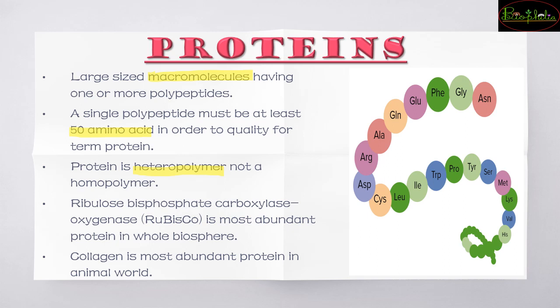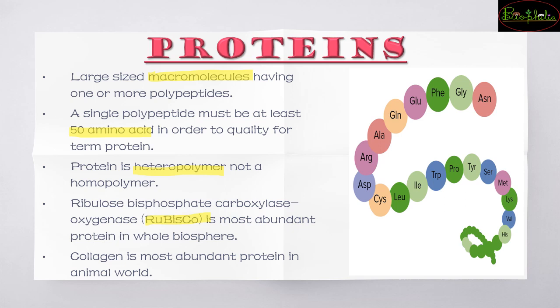Now, who is going to be the most abundant protein? सबसे ज़्यादा quantity of protein कौन सा होता है? It is an enzyme that is called ribulose bisphosphate carboxylase oxygenase. It is an enzyme which is used in photosynthesis to convert carbon into sugar.